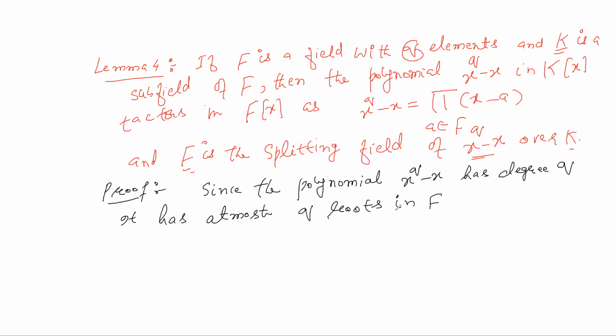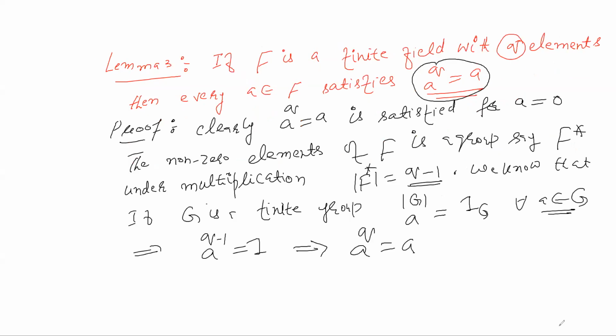By the above lemma, all the elements of F are roots of this polynomial, because we have seen in the above lemma that if F is a field with q elements, then every element of F has this property, that a raised to power q minus a is equal to 0 for all a.